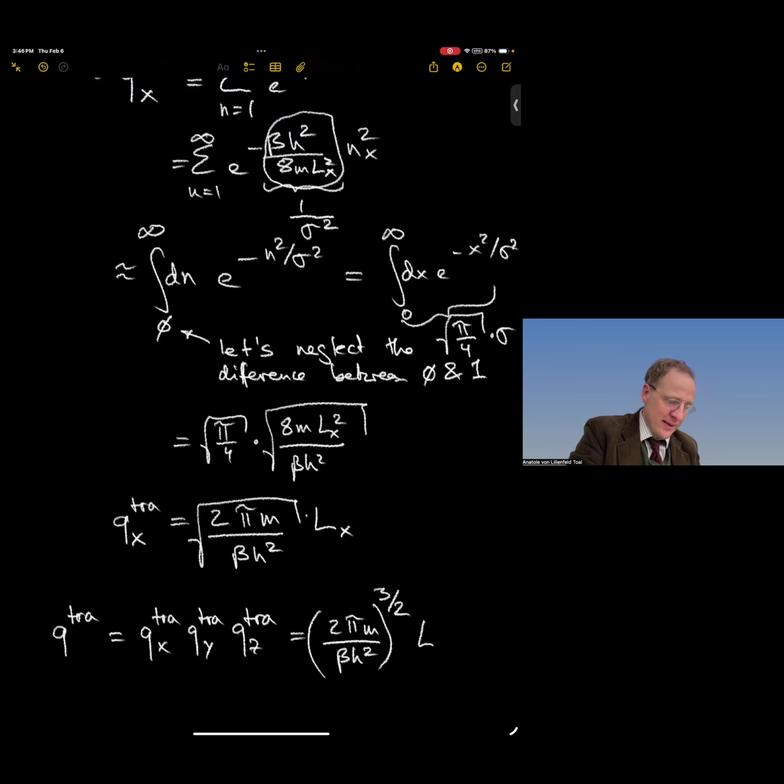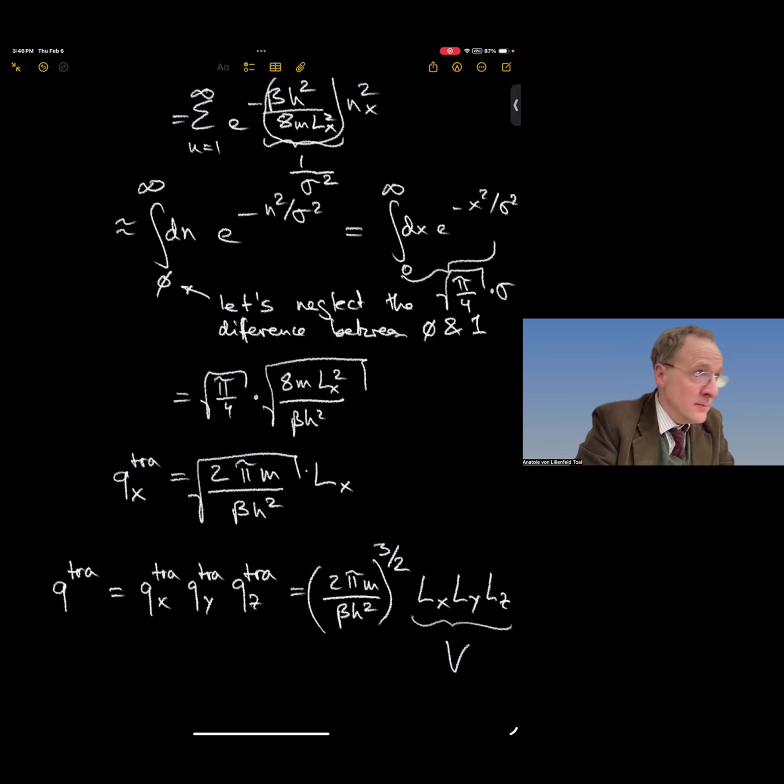And I get my direction in the L. And that, of course, is nothing else than your volume. And so now you've seen how we have used the solution of a Schrödinger equation with Boltzmann's formula for the partition function to arrive at a closed form expression for the partition function, thanks to the integration of this Gaussian integral.